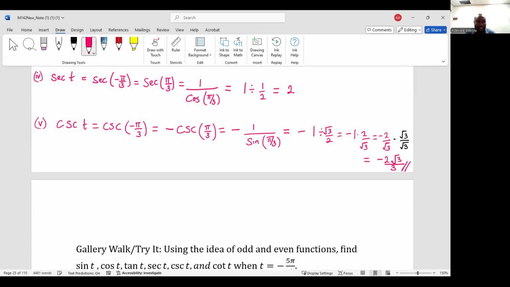Answer. And lastly, the last one, cotangent. Cotangent of angle t, which is cotangent of negative pi over 3.